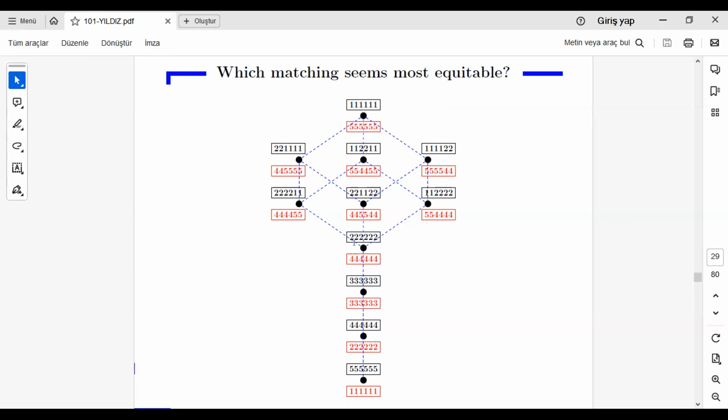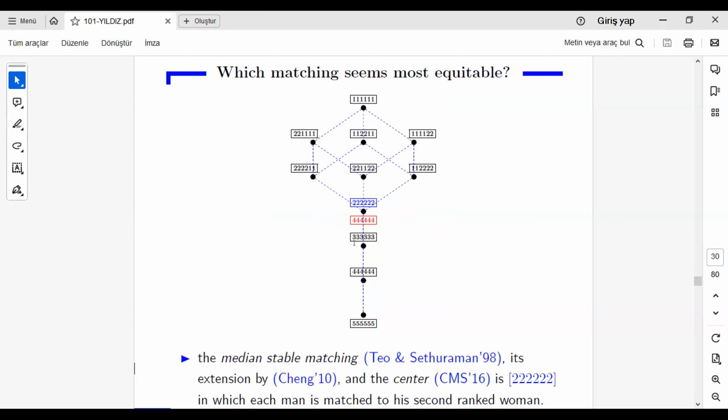And we have this at the top, these diamonds, these other combination of matchings to the right and to the left. So let's ask ourselves, in the name of equitability, which among these matchings would we recommend? Well, it turns out the median stable matching that we were critical of, in fact, picks up the matching where every man gets his second best and where every woman gets her fourth best.